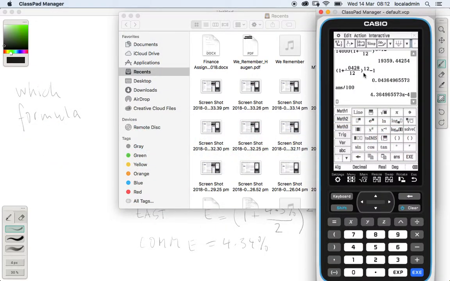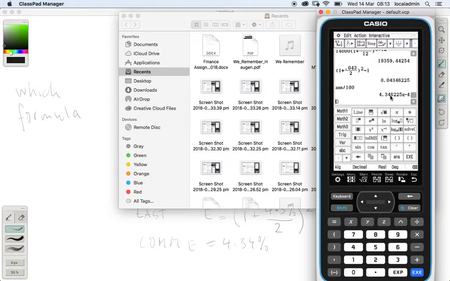And we do that again for the other one as well. I believe it was 4.3, was it? 4.3. This time we only divide by 2 because there are only 2 6-month periods in a year. And we do that again, and that's about right, isn't it? So we round that up to 4.35, yeah?